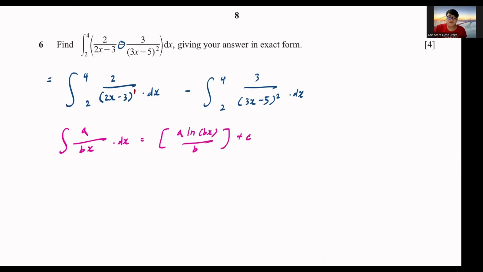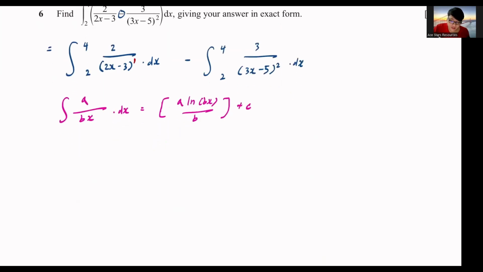That's just the formula when you are dealing with this kind of integration. So open up 2 ln 2x minus 3. With chain rule of 2x minus 3, the differentiation of this is going to be 2, right? So please divide it by 2. Close it for 2 minus.